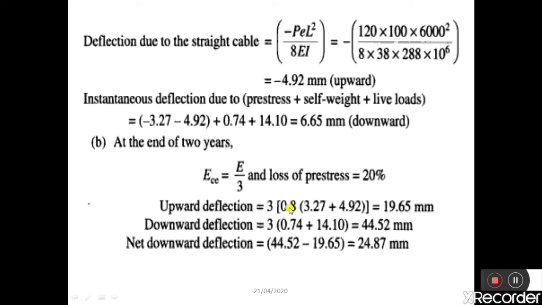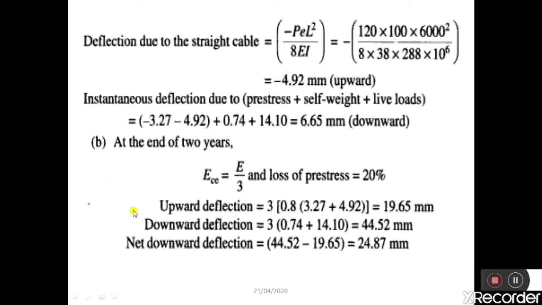So 80% into 3.27 plus 4.92 multiplied by 3. So 3 is this one. Young's modulus of concrete after 2 years is equal to 1 by 3 times that of during the transfer.